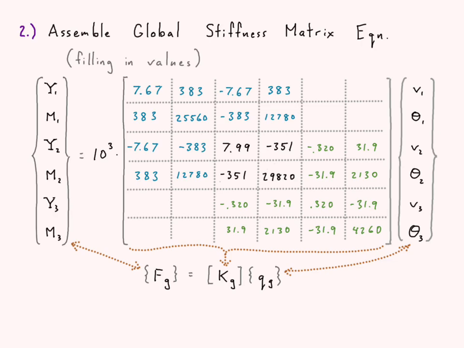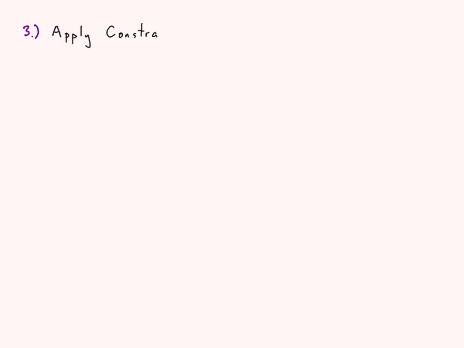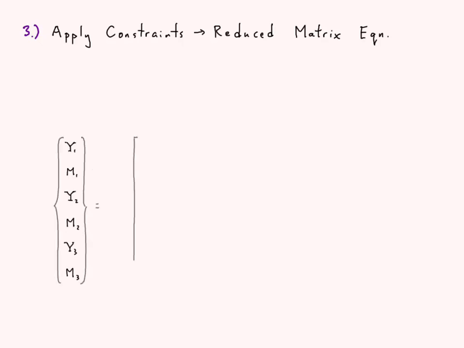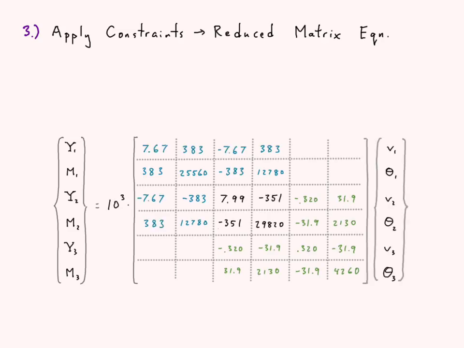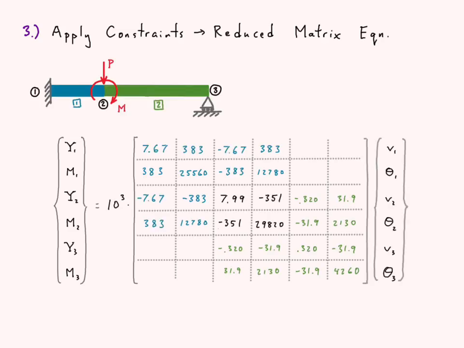All right, we're done with the global stiffness matrix equation, so we can move on to applying our constraints and creating our reduced stiffness matrix equation. Starting off with our global stiffness matrix equation, we put up our problem here so that we can figure out what our constraints are. Which degrees of freedom should we constrain? We look at node 1 and we know that the vertical displacement in node 1 must be constrained.